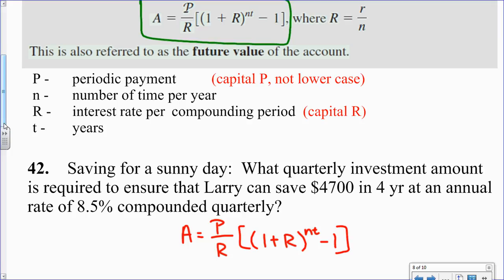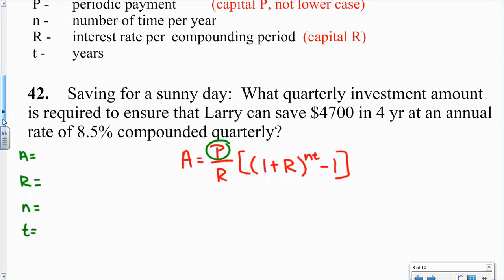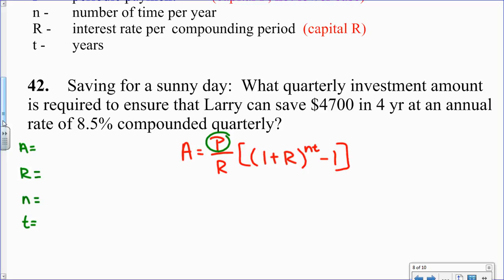I'm looking for what periodic payment. So I'm looking for P. Okay. So I need to identify A, R, N, and T. So what's A?